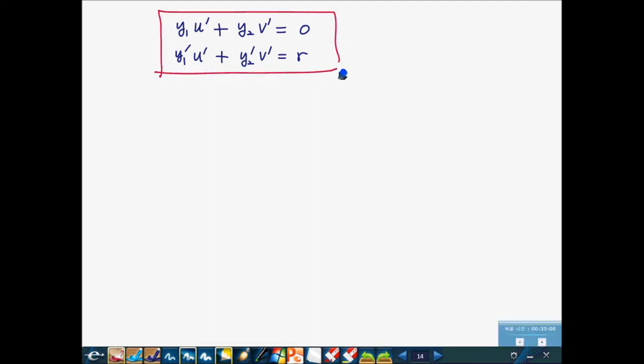I'm just rewriting it. Okay? Then this is 2 equations, 2 unknowns. You can get it, right? How? The famous one. How can you get U prime and V prime out of that? By Cramer's rule.